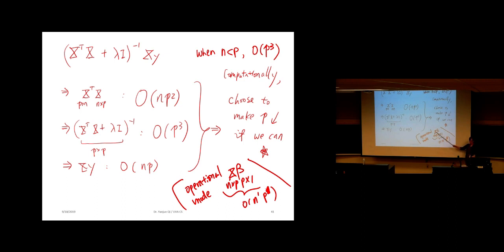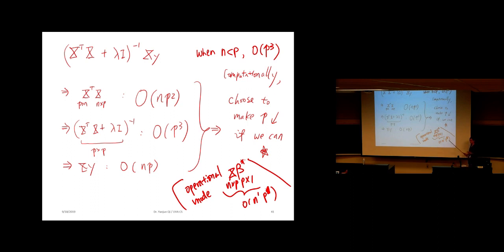If you put the test data in matrix form, it's this matrix times beta learned, just the learned beta parameter. I should actually put a star there, because it's the learned beta star, and this operation costs O(n prime times p).